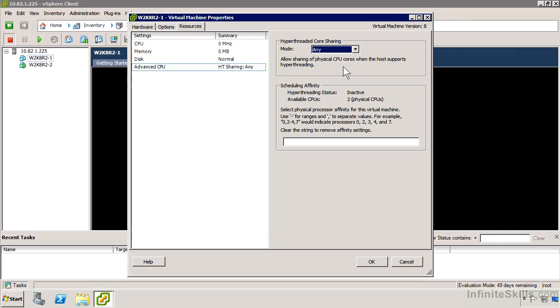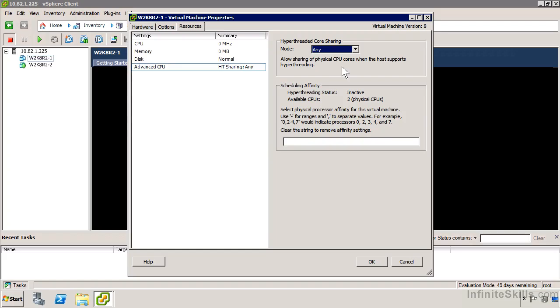Generally, you're not going to want to mess with this, but typically whether we should share physical CPU cores when the host supports hyperthreading. This helps us to avoid the problem of waiting for multiple CPUs to all be ready at the same time. A lot of people do like creating their virtual machines with 2 virtual CPUs.